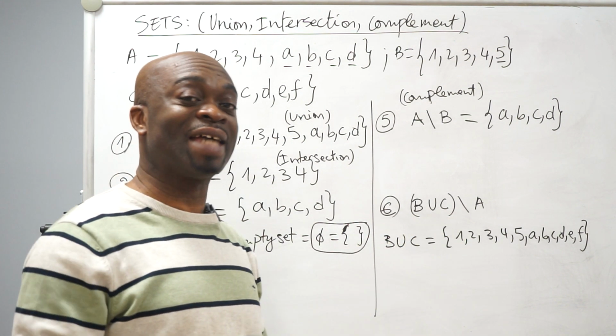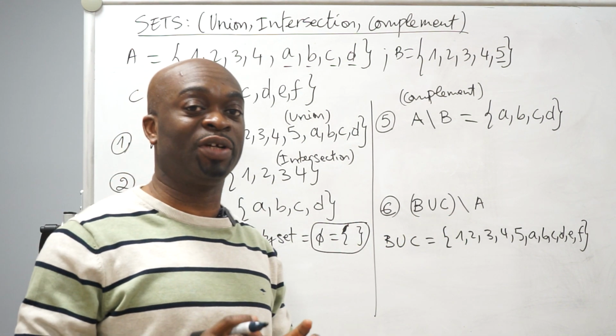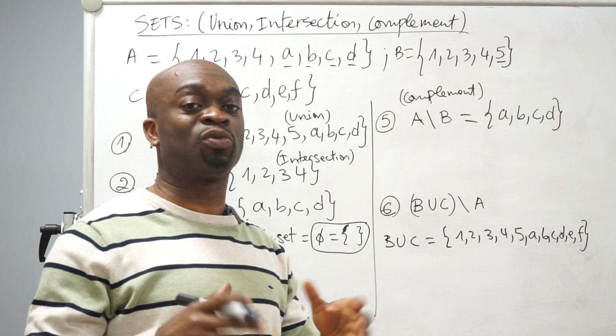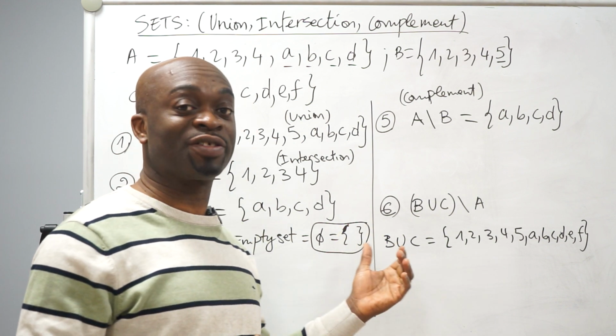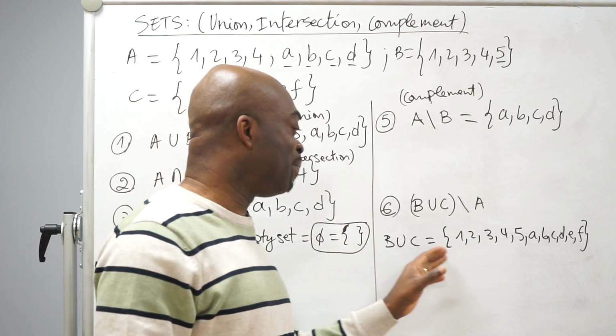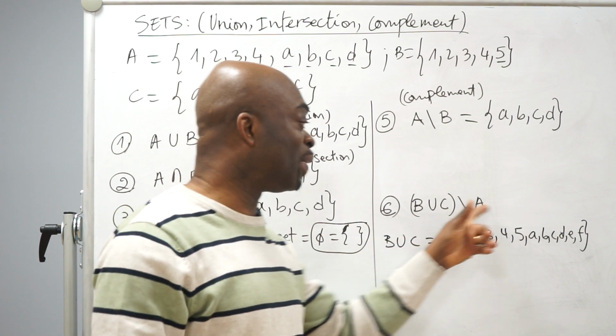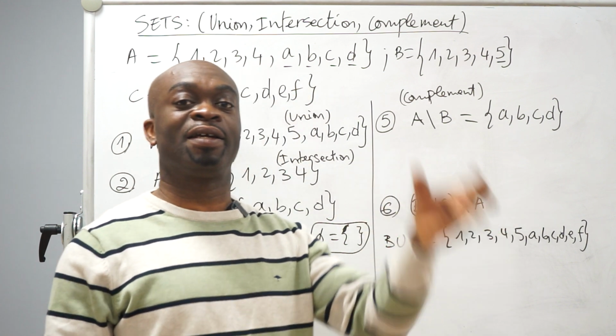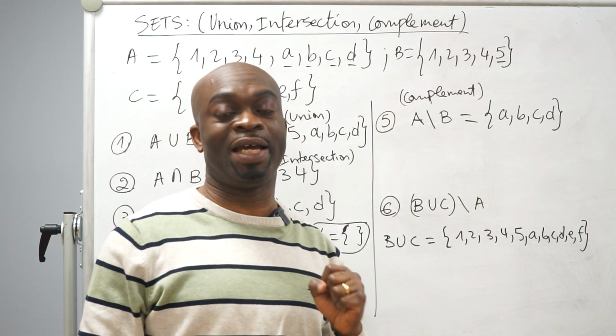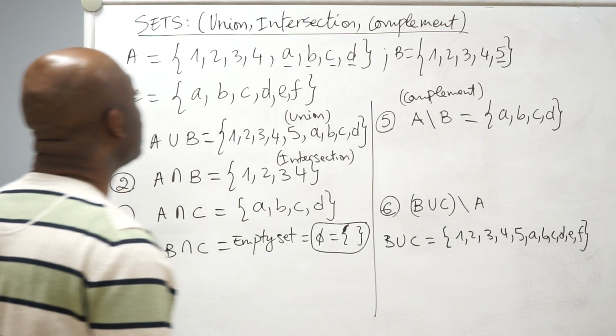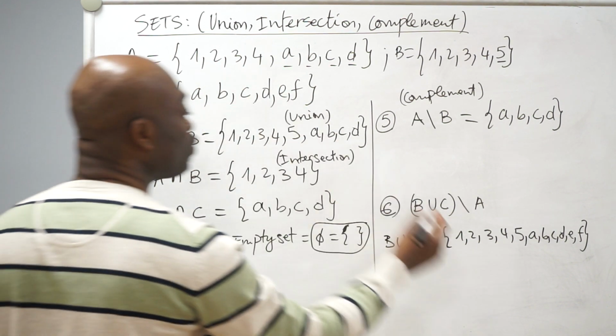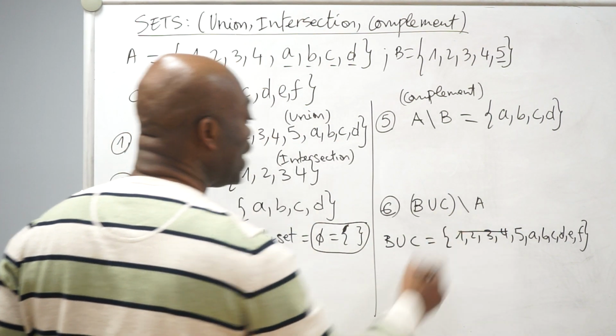Okay. So I'm taking time now so we understand what is happening. In other problems we can go faster because we understand this now. So we have B union C, and then we say complement to A, meaning A got to be taken away, except A. That's what it means. So what do we have for A? A is 1, 2, 3, 4. So this got to be out.